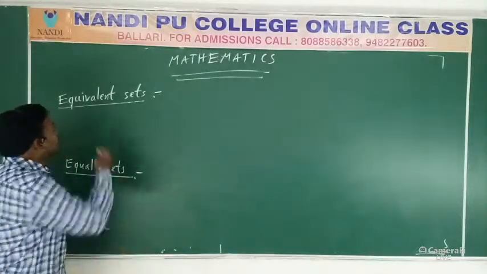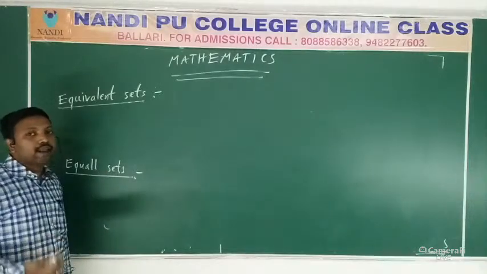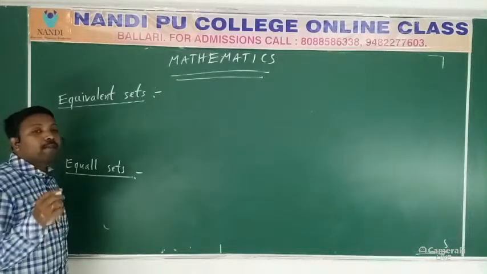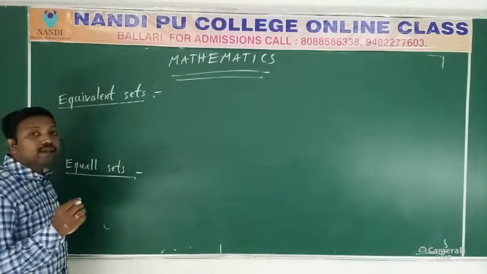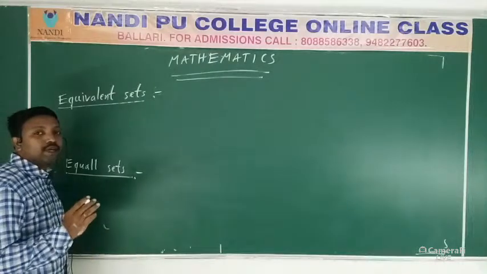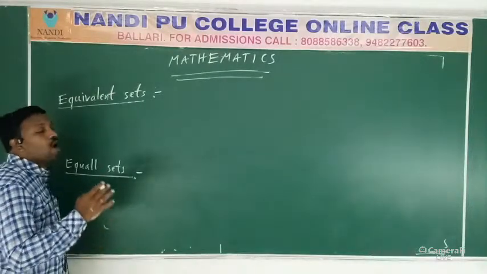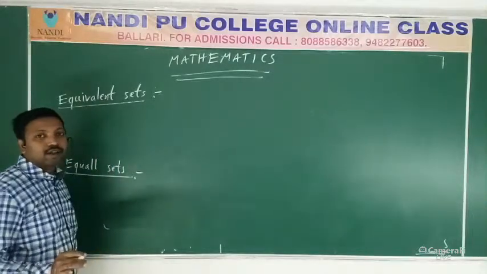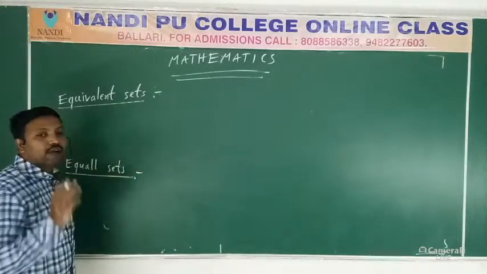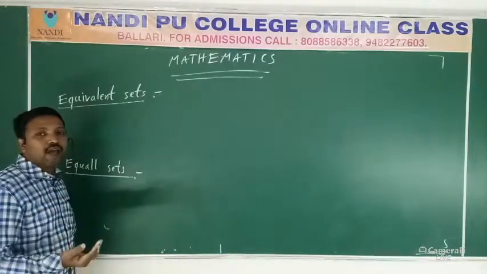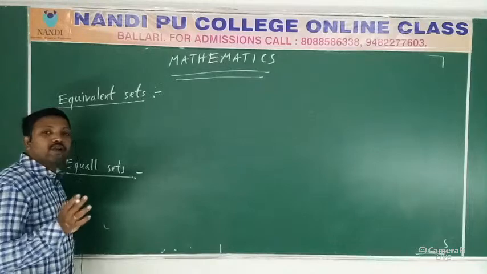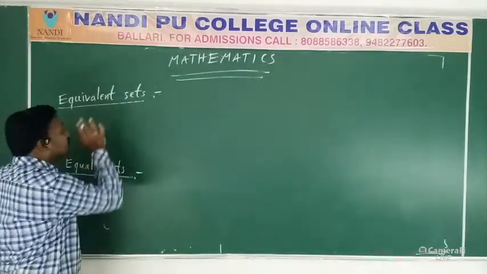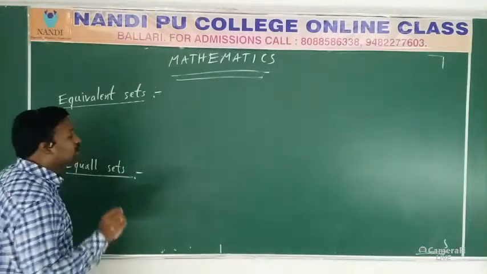Let us know what is meant by equivalent set. Equivalent set means the number of elements present in the two sets must be the same. That is, if the order of the two sets is equal, then it is called an equivalent set. Understood? If set A has 5 elements and set B also has 5 elements, but the elements are not equal, the number of elements is equal, then those are called equivalent sets.